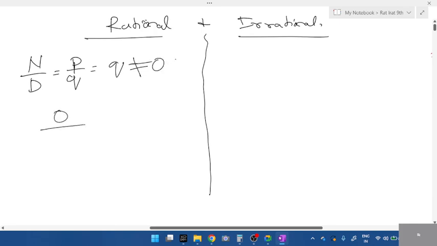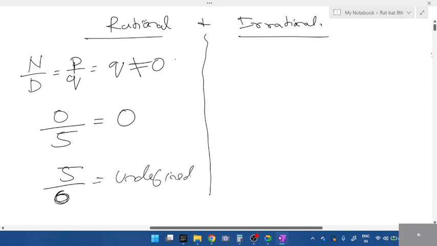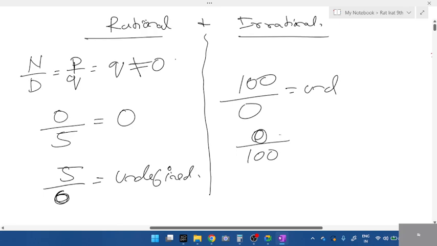The reason is, if I divide 0 by 5, 0 by anything is what? 0. If I divide by 0, you can't divide any number by 0, students. It becomes undefined. It's an invalid number. In the same way, if I divide 100 by 0, it is undefined. If I divide 0 by 100, if the 0 is in numerator, it is 0.